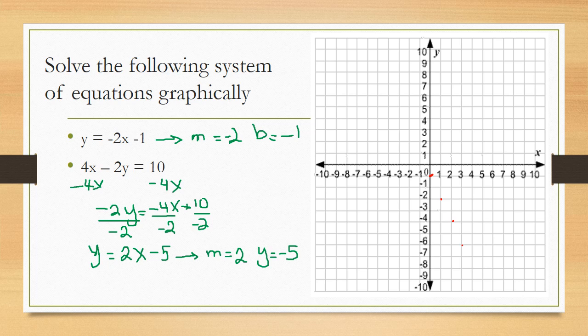And then on the other side, I have to do the opposite, 2 up, 1 to the left, 2 up, 1 to the left. So I'm going to end up with a very nice line here that I can graph between the points.